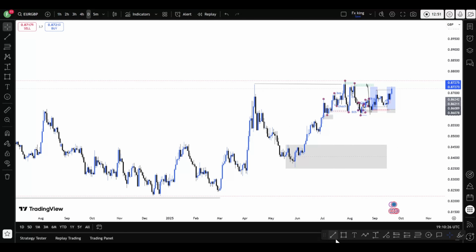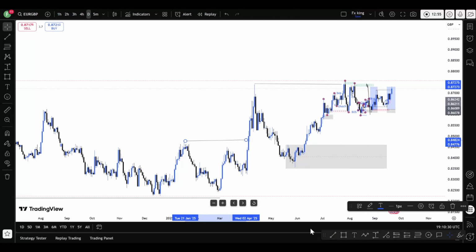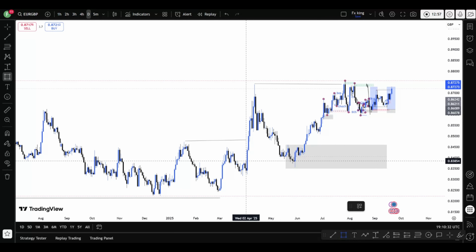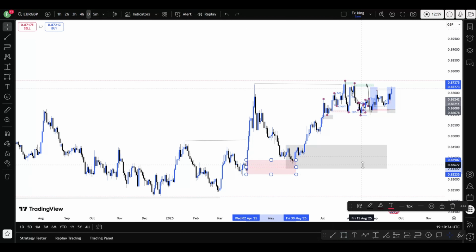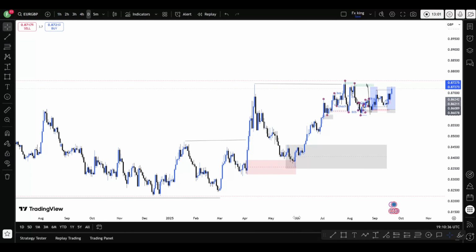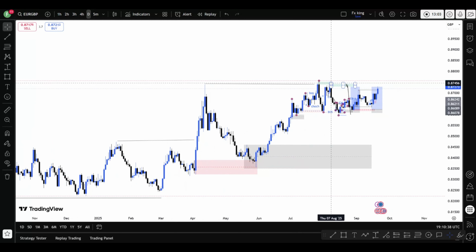Break of structure, another one here, and the market even mitigated a zone here. So you can see that what we are considering a counter trend in this time frame is also a direct trend in a bigger time frame. So that is just as simple as that.